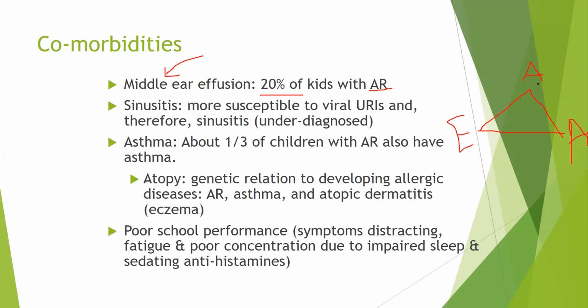Okay, that's the allergic triad for kids. About 1/3 of children who have asthma also have allergic rhinitis. Atopy, so genetic relation to developing allergic rhinitis. So here's your triad: allergic rhinitis, asthma, atopic dermatitis.